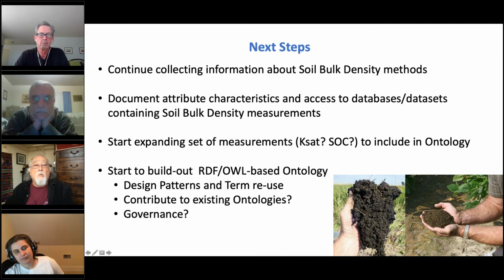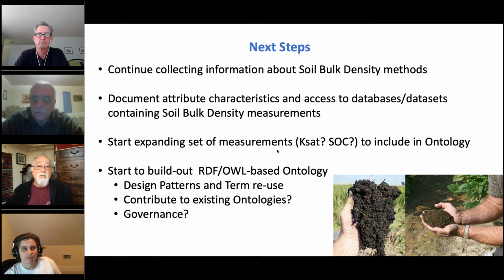Also, we want to at the same time be sure that we're documenting the characteristics and the access to the databases that have those measurements, because ideally that's what we're going to use the ontology for: to find data sets or to annotate our data sets to the ontology so that other people, as well as ourselves, can understand them better. We can then start to think about expanding the set of measurements that we go through a very similar exercise with, whether it's KSAT or soil organic carbon, etc.